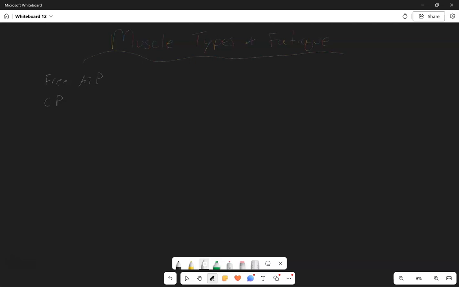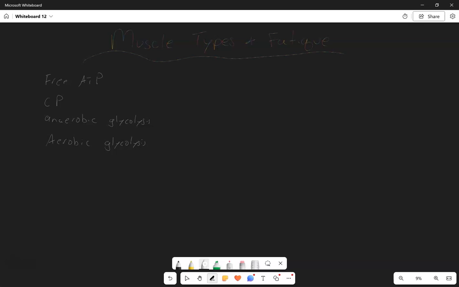We can generate ATP through anaerobic glycolysis, in the formation of lactic acid, or we can use aerobic glycolysis through the use of oxidation and reduction.